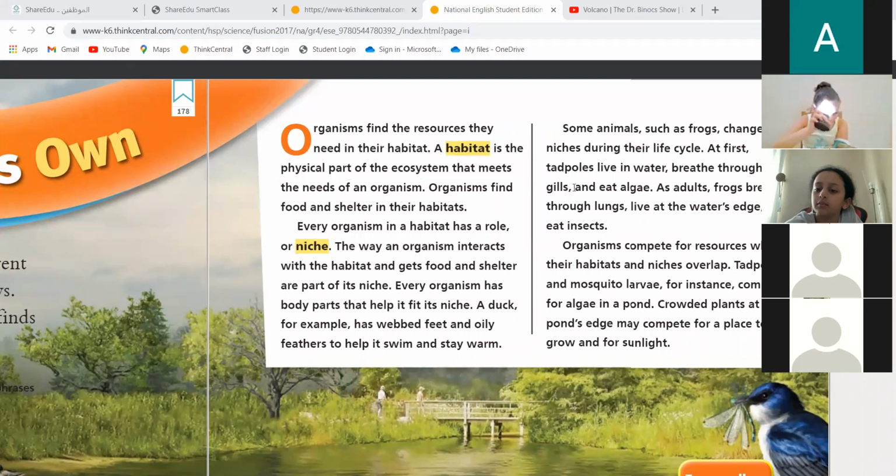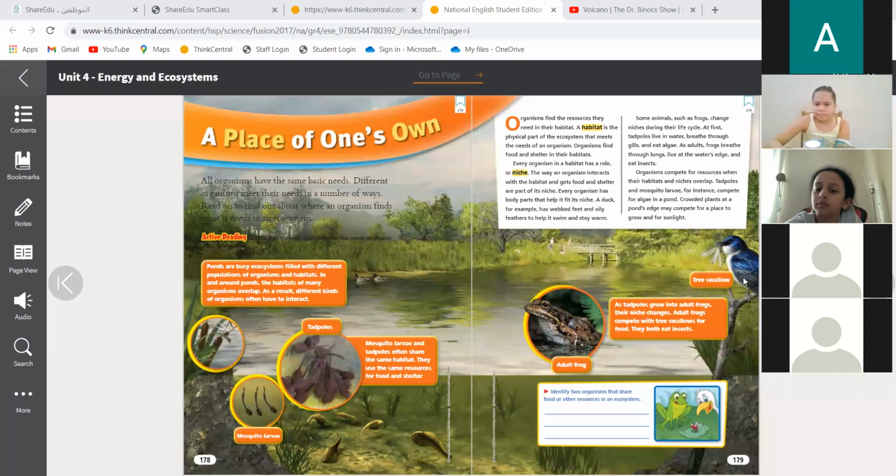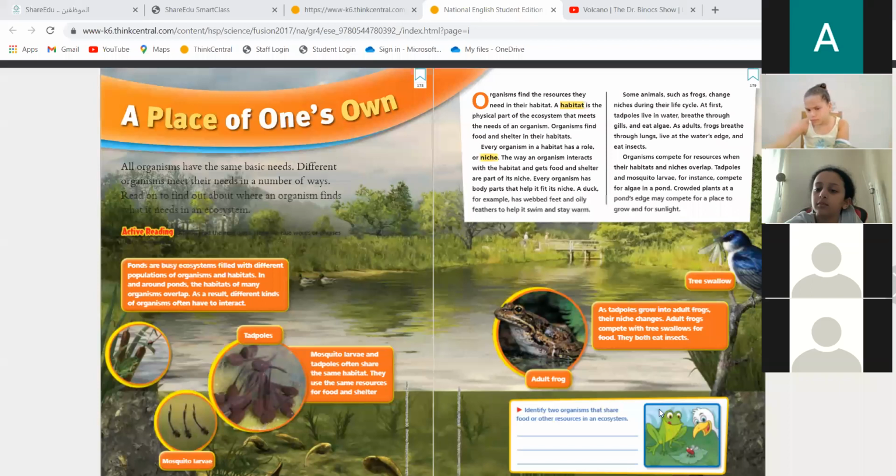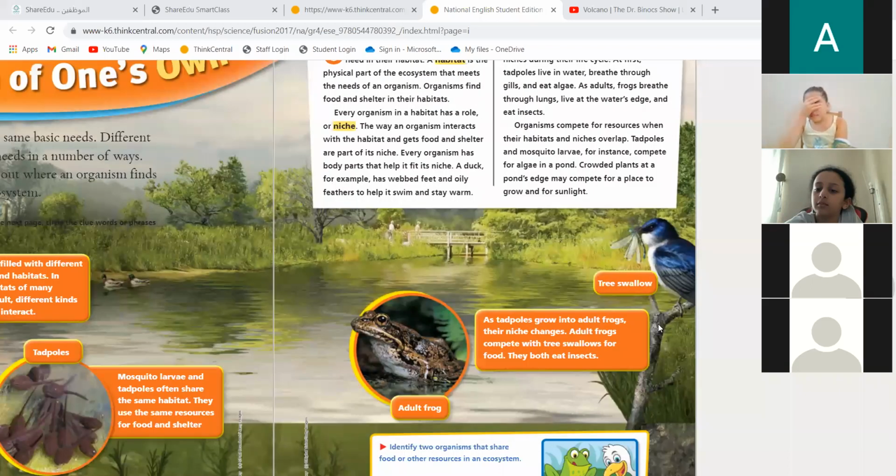Now, take a look at the pond over here. Who's standing on the tree branch? The bird. Okay. What is the bird doing?